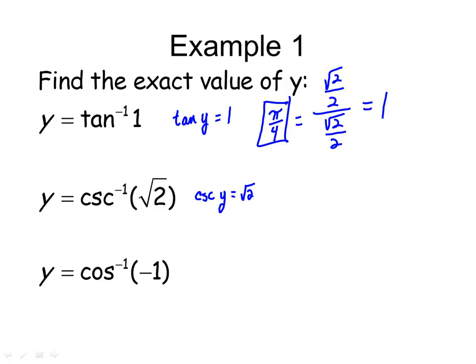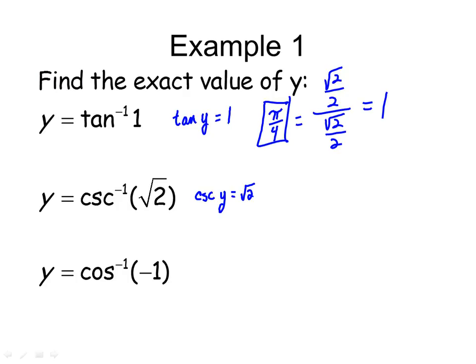Figure out what quadrant you're in. Once you know which quadrant it is in, then you have to know either your y over x, r over y, whatever the case may be, and then figure it out. Well, watch this.